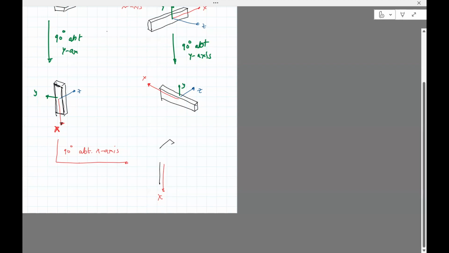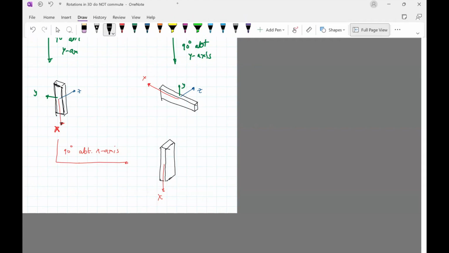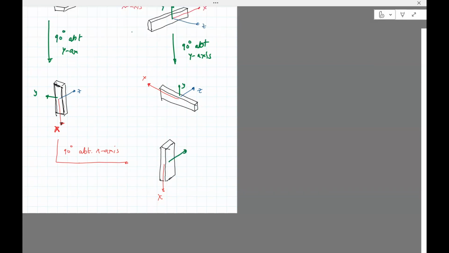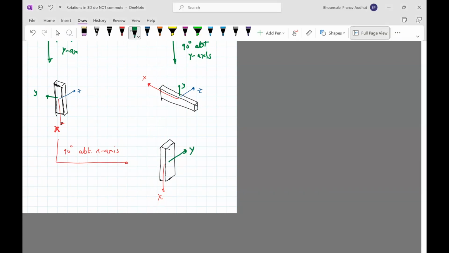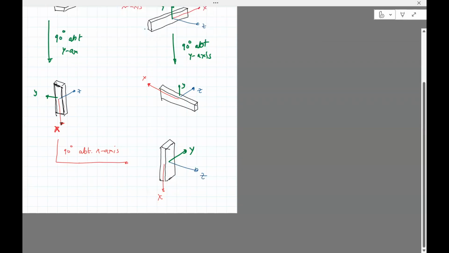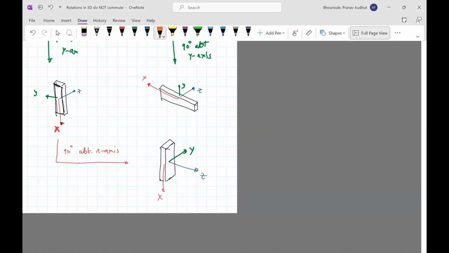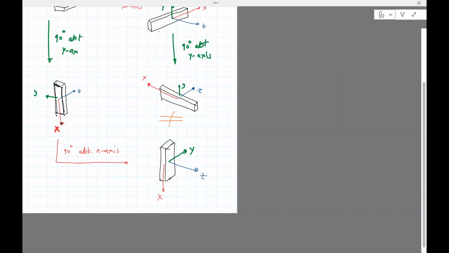So let me draw it like this. The biggest face is pointing the way I've shown, and then green, Y, Z. So we can see that this is the final configuration.